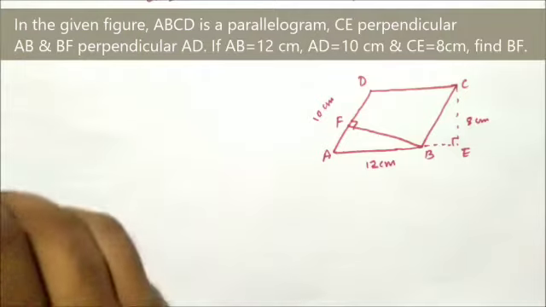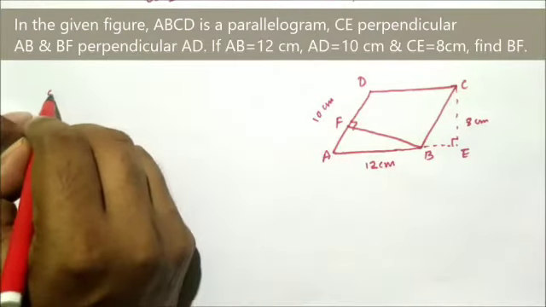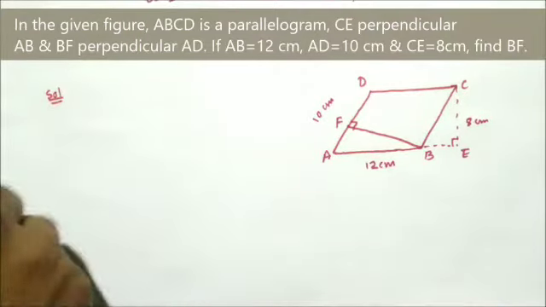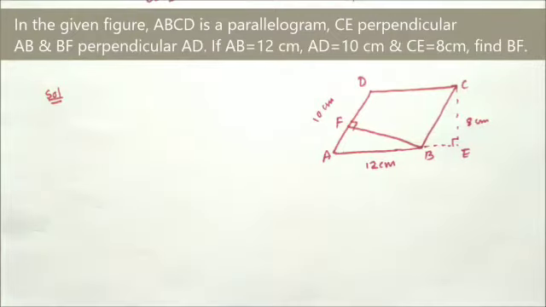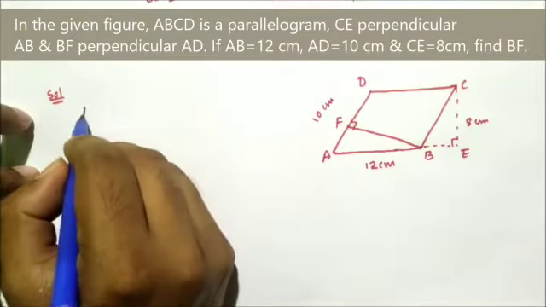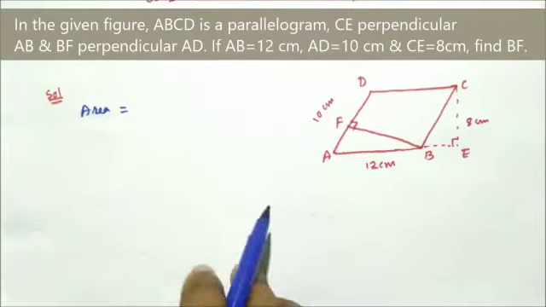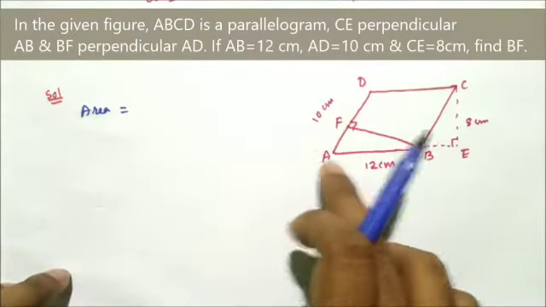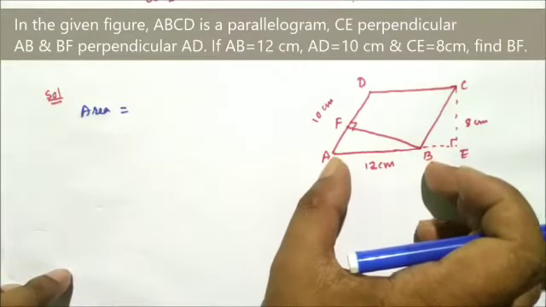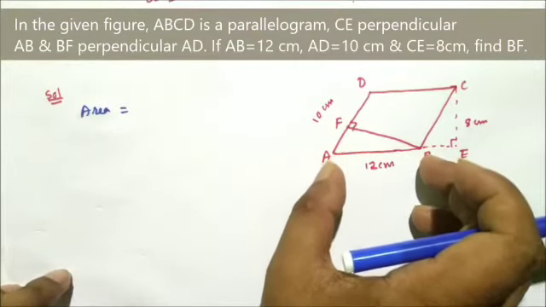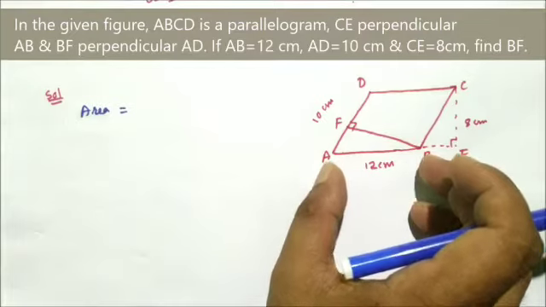Now as I have already told you, the area of this parallelogram will be what? Since we know the base is AB, let us take AB as the base. For the first time we will take AB as the base.